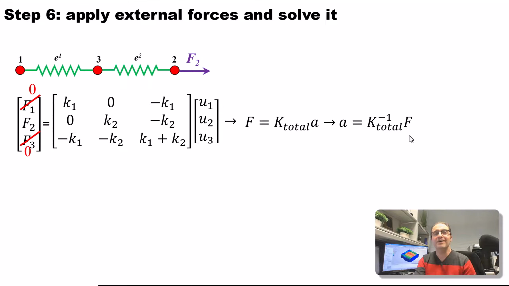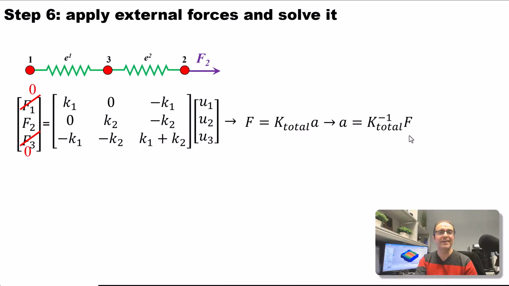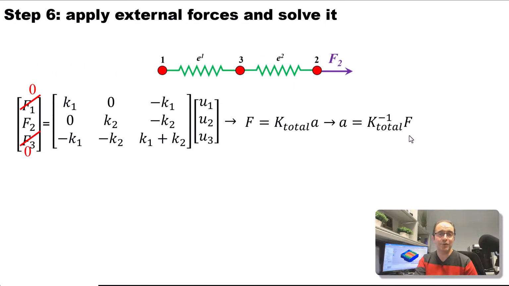Why? Because this structure doesn't have any constraint. In fact, if we have this structure and we apply an external load to it, it will have a rigid body motion. The whole structure will accelerate, right? Because there is nothing in space to prevent that.